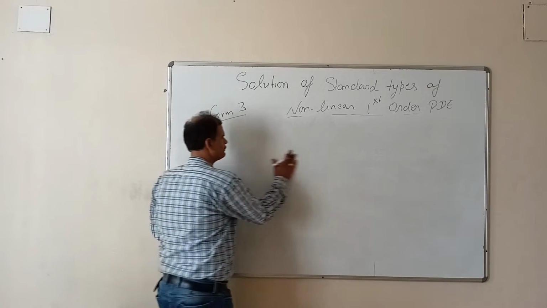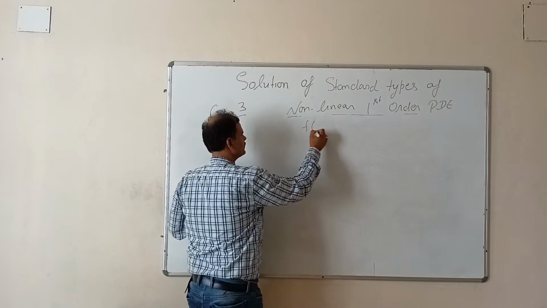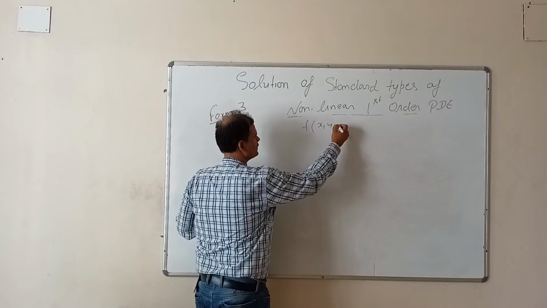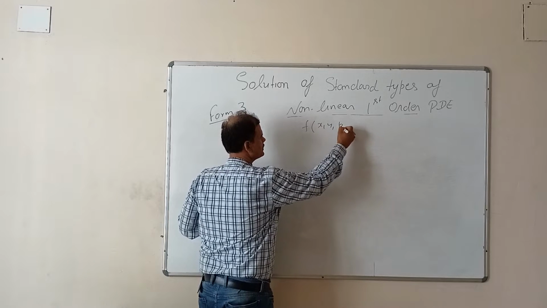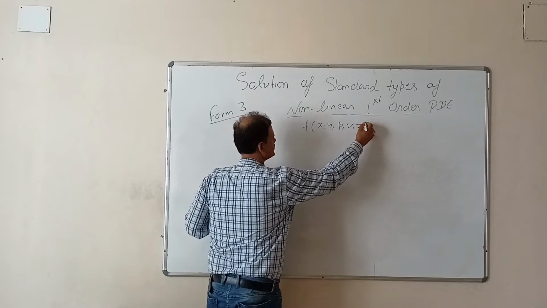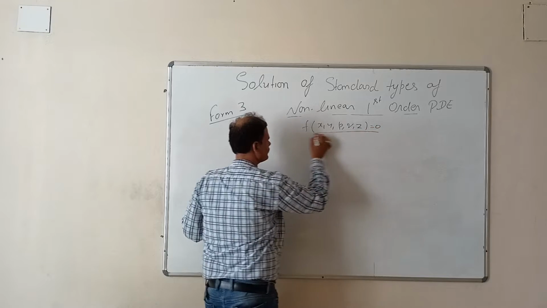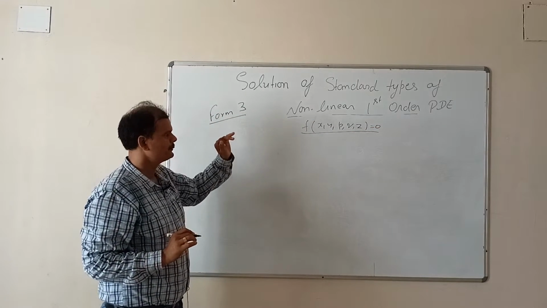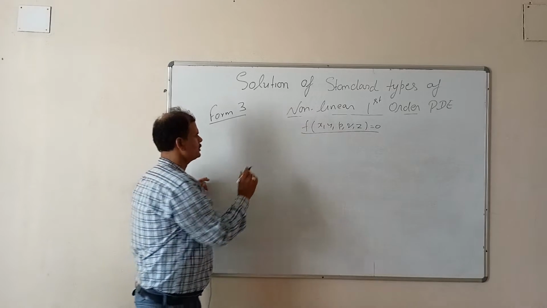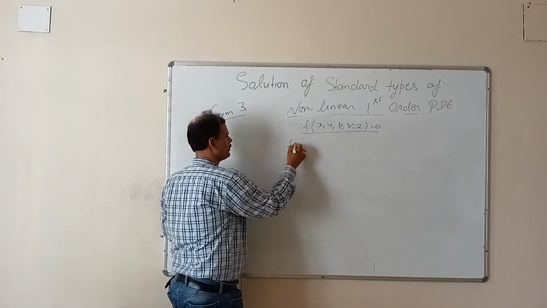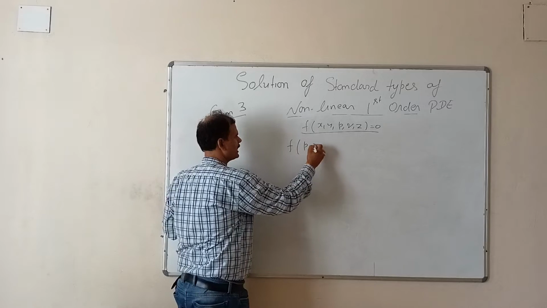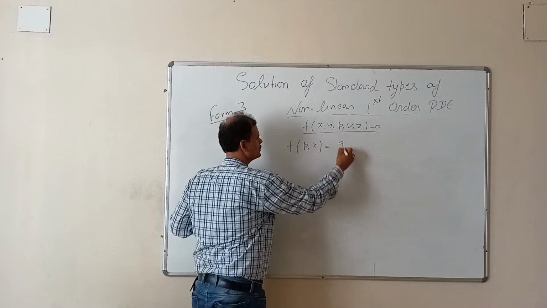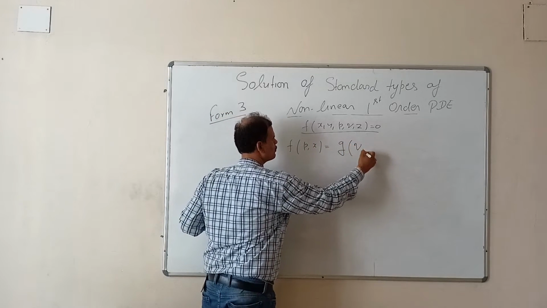If your given PDE has x, y, p, q, z, actually this is the standard non-linear PDE. But if your given PDE you can write in this form: f of p, x equal to g of q, y.